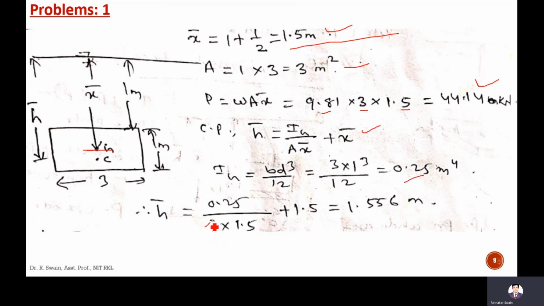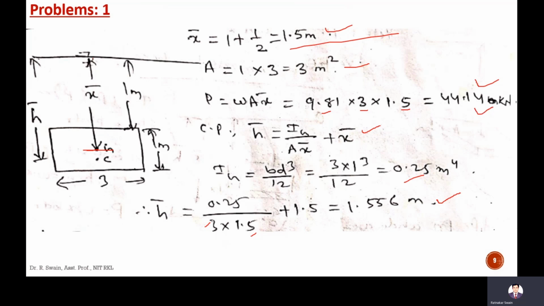A is 3, x bar is 1.5, that already got calculated here. So plus 1.5 is equal to 1.556 meter. This is the answer for the center of pressure, and this is the answer for the total pressure.